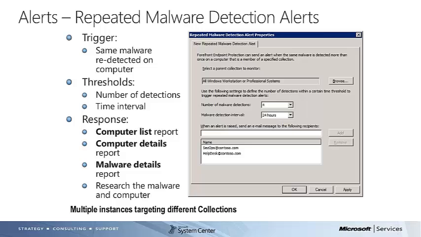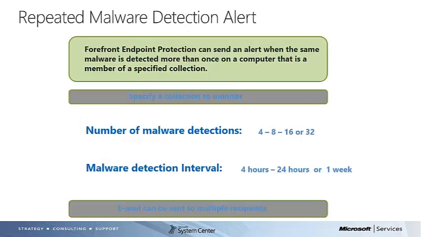The thresholds with this type of alert are the number of detections within a given time interval. And again, the response would be leveraging your reports, your computer list report, your computer details, malware details, and then also researching the actual malware. And the flow chart of this is very similar.